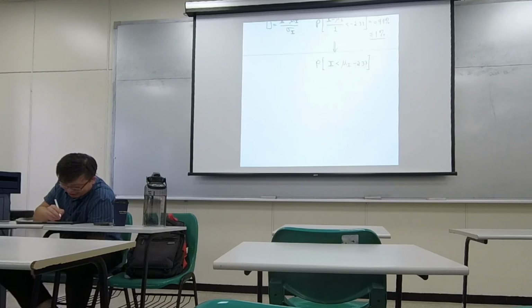I think I should derive it in this way. So X smaller than some value. This is 3. This right now is okay. Smaller than here, right? Let me see how I can derive it.